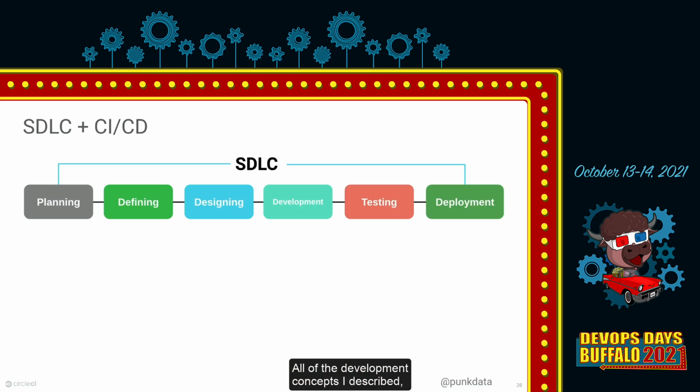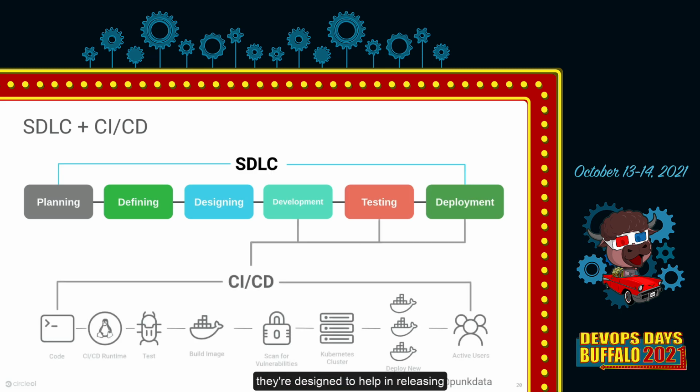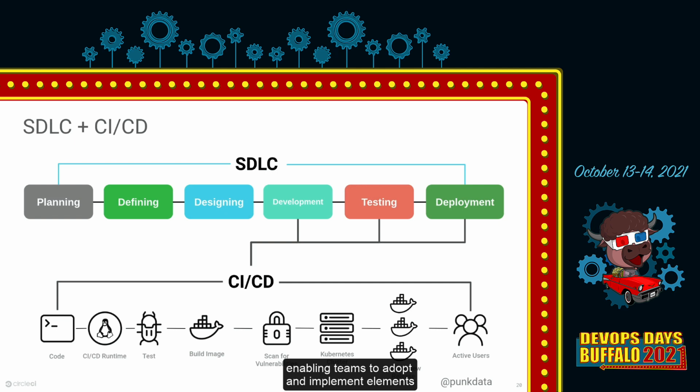All of the development concepts I described are designed to help in releasing quality software efficiently. They provide very general guidance, enabling teams to adopt and implement elements that fit their situations. Aligning and automating all of these processes is a huge undertaking and requires lots of iterative experimentation to produce valuable CI/CD pipelines.